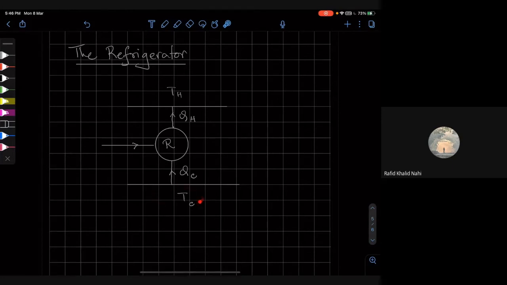So now for the refrigerator, we want to define the efficiency in a different way. The efficiency that we want to define for the refrigerator is how efficiently can it take this work W and, for a given amount of work, how much heat can it take out of the cold stuff, right?